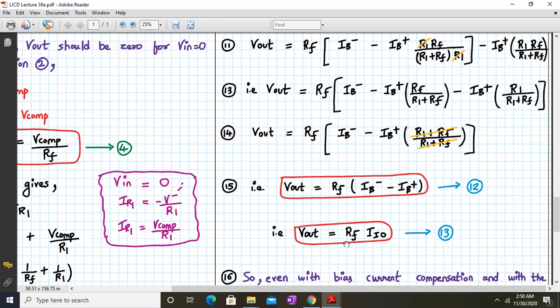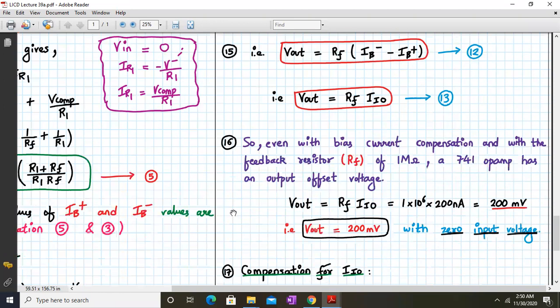So V out will be given by RF into IIO, which is equation number 13. So even with bias current compensation and with a feedback resistor of 1 mega ohm, a 741 op amp has an output offset voltage given by RF into IIO, which is 200 millivolt. So V out is equal to 200 millivolt with zero input voltage.